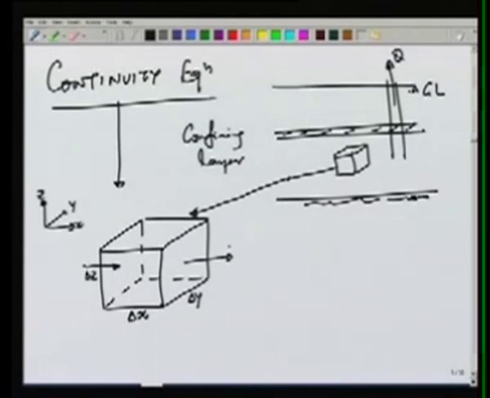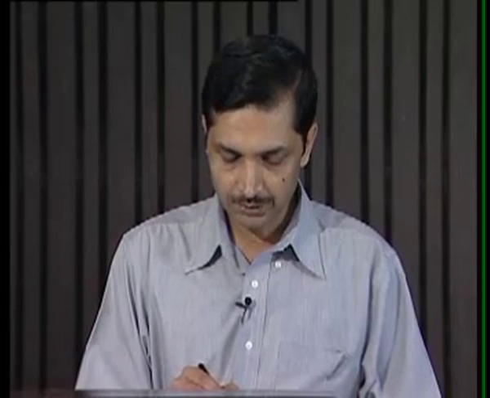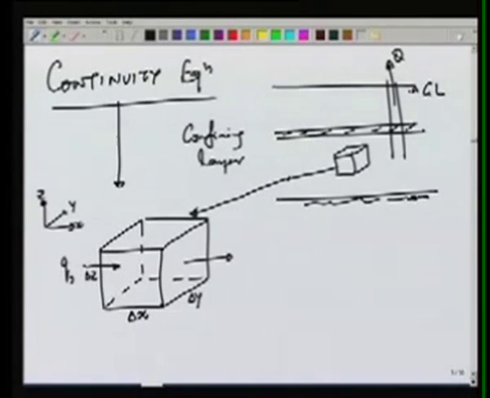The same thing can be done in the y and z directions also, but let's start with the x direction and say that there is some velocity qx, which is the Darcy velocity in this case, not the seepage velocity. Because of this velocity qx, the mass flux coming in will be rho times qx.